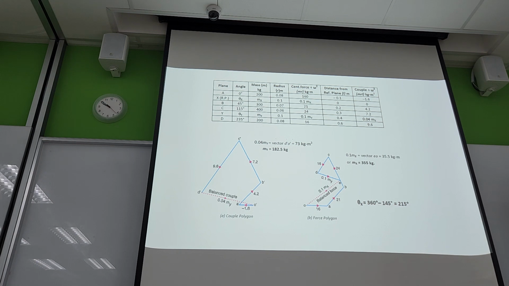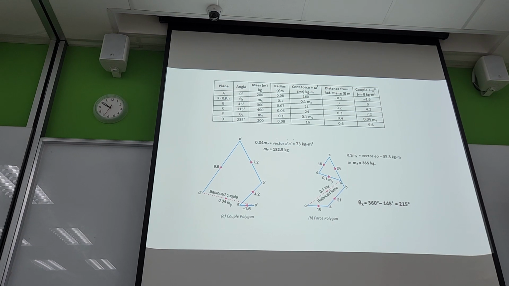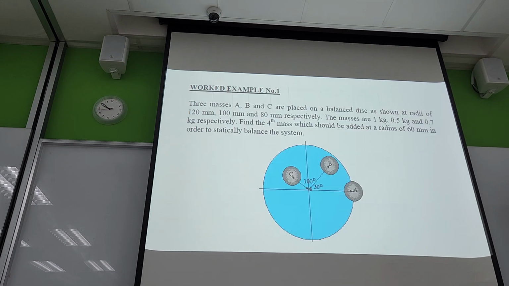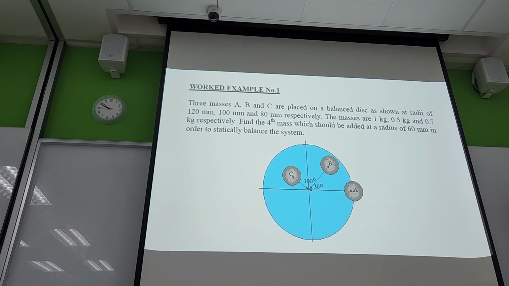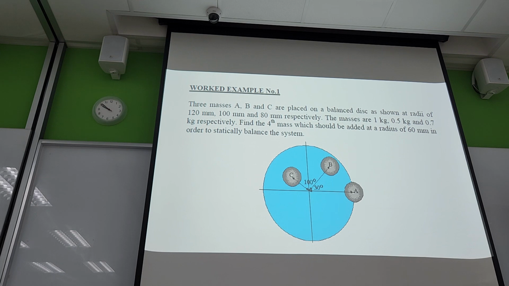For dynamic balancing, you can do calculations or you can also use the graphical method, but the graphical method is always simpler. Let me know anything which is not clear. You can try to do this question first, a rather simple question.